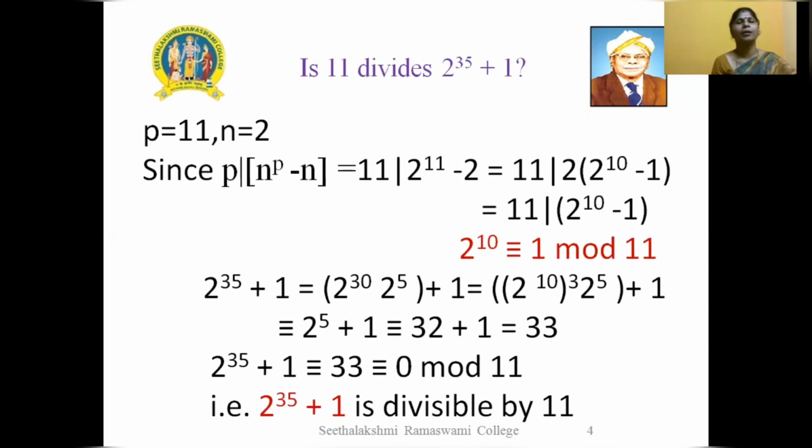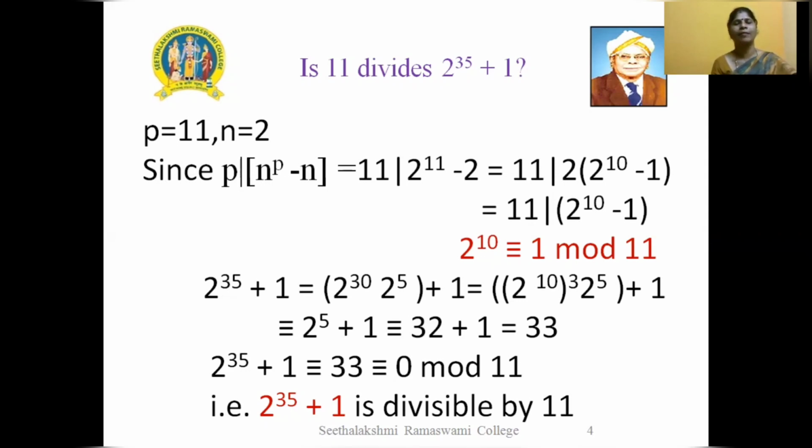By using Fermat's little theorem, we can say it is divisible by 11. Comparing with the theorem, P is equal to 11, N is equal to 2. Therefore, P divides N power P minus N is 11 divides 2 power 11 minus 2.